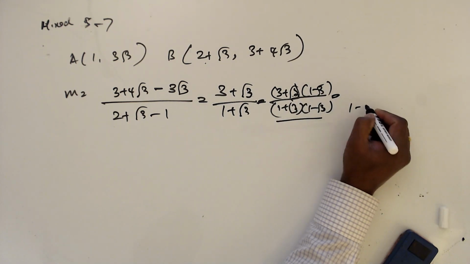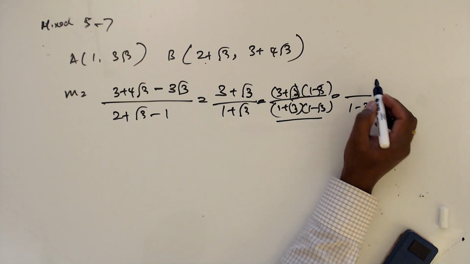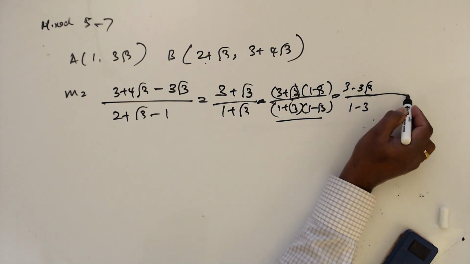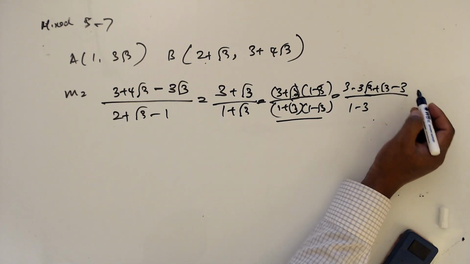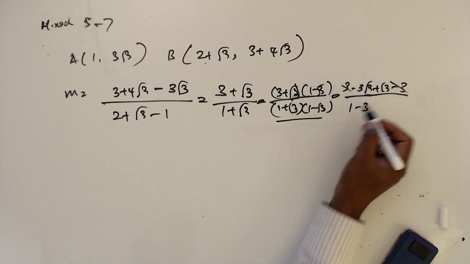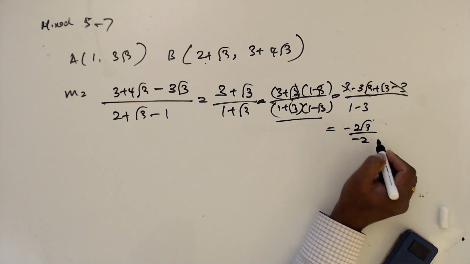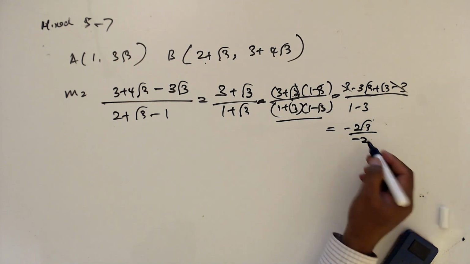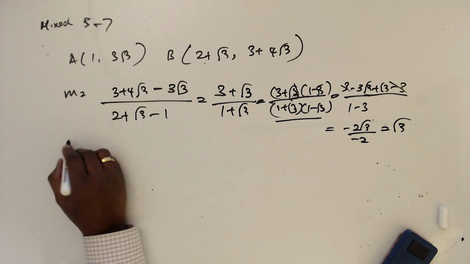This is going to be 1 minus 3, and this is going to be 3 minus square root 3 plus square root 3 minus 3, which cancels out. Minus 2 over square root 3 over minus 2. Minus 2 and minus 2 cancel out, which is square root 3. Gradient is square root 3.